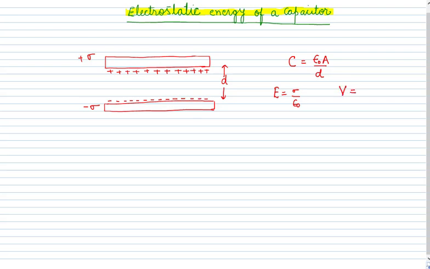The electrostatic potential we got was E into d. d is the distance between the plates and A is the area of each plate. And this distance d we are taking is very, very small in comparison to the area A of these plates.